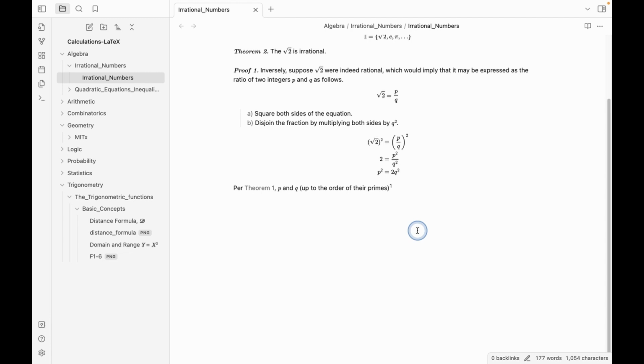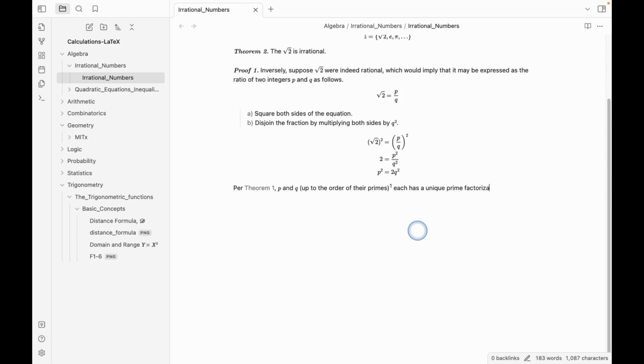In other words, we are enumerating those permutations as one prime factorization. But this will become more clear in just a moment. So per theorem 1, p and q, up to the order of their primes, each has a unique prime factorization.